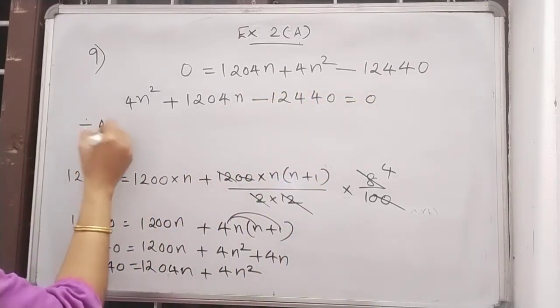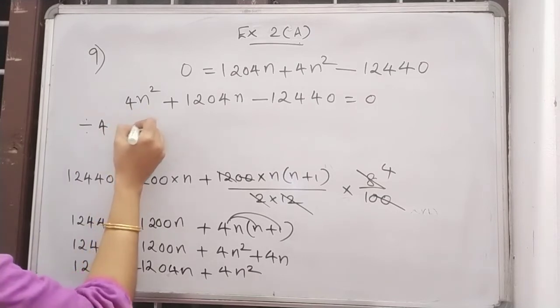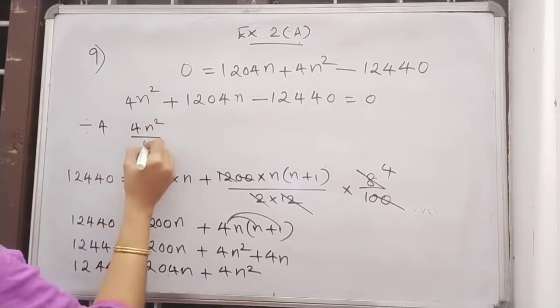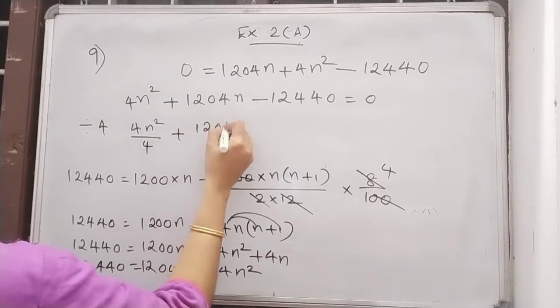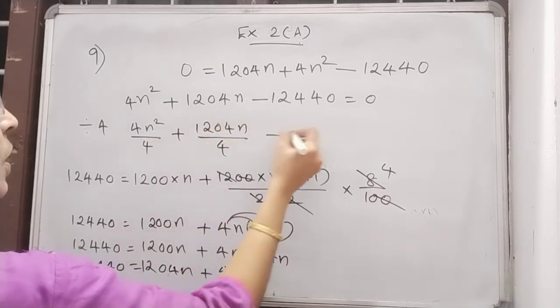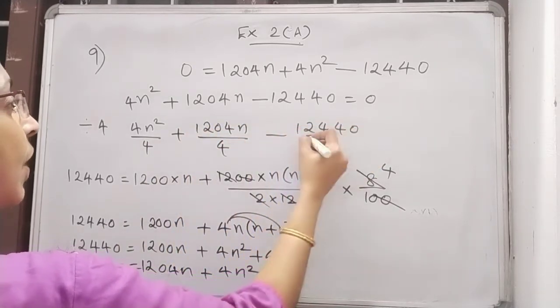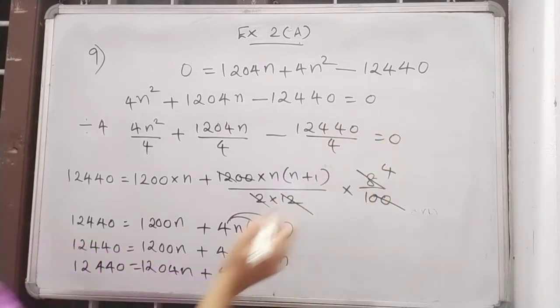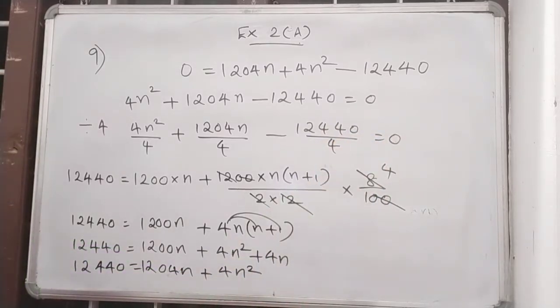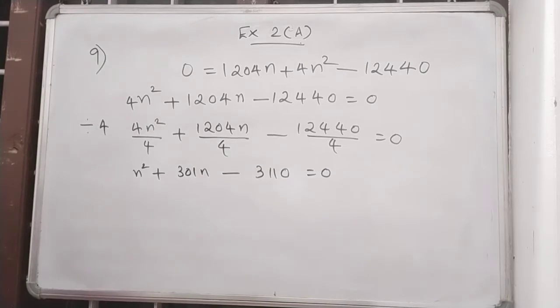Dividing throughout by 4, we divide all the terms by 4, and we get n square plus 301n minus 3110.